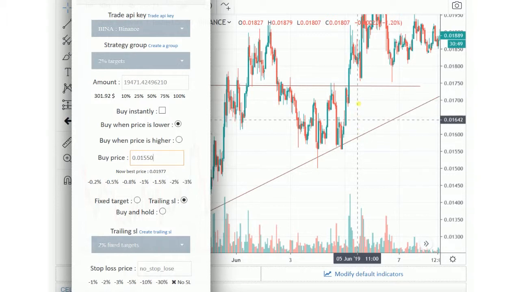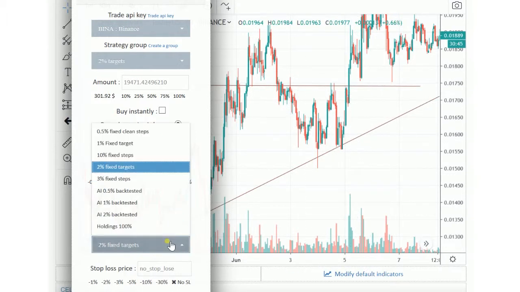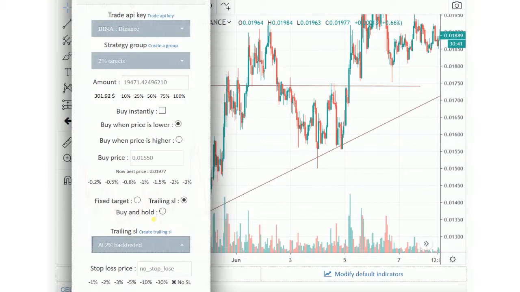So then we can use the AI backtested trailing stop loss strategy. What this strategy is specially set up for our users means that the price will be trailed with a 2% target, meaning that if a price goes upwards by 2%, the profit will be locked over there, and if the price continues to rise, the profit will be locked again and again.